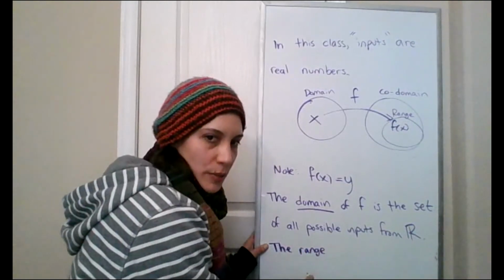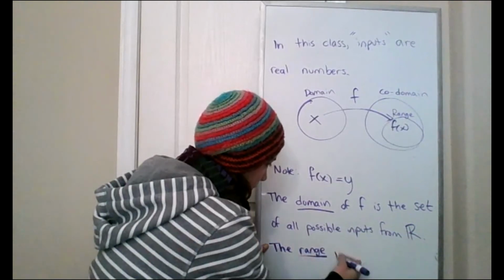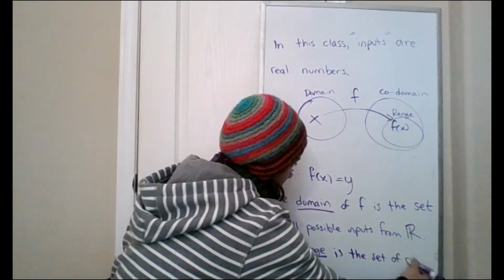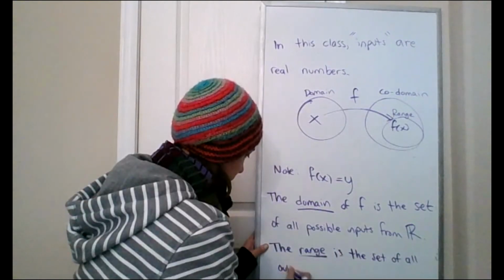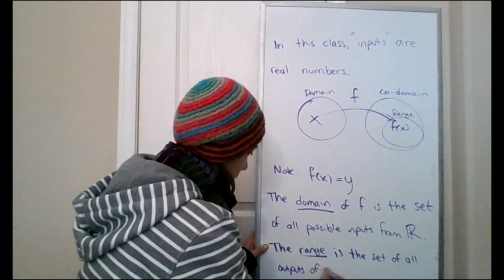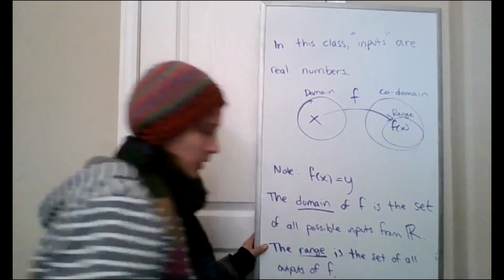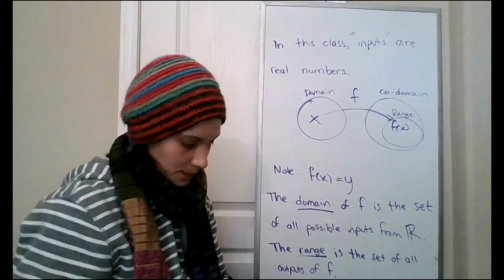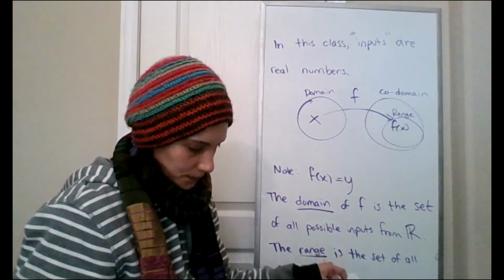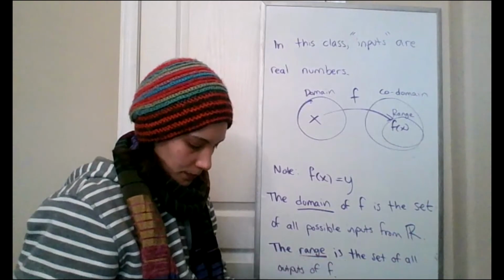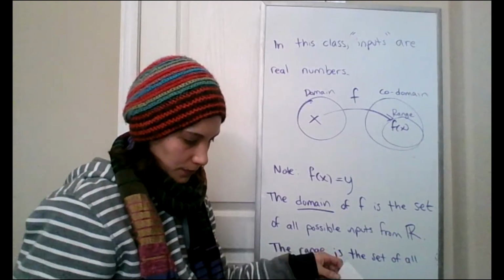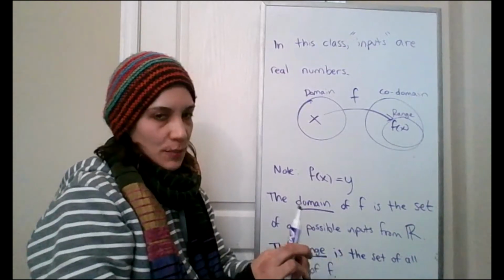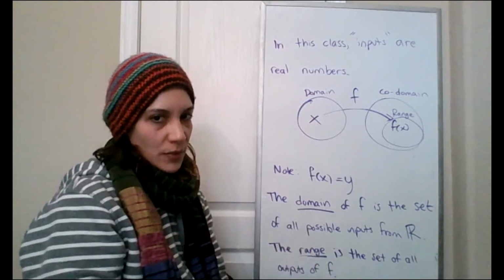It's a subset of the codomain. Okay, I think that's all we need for that. We're going to skip over some stuff and just go on to the graph of a function.